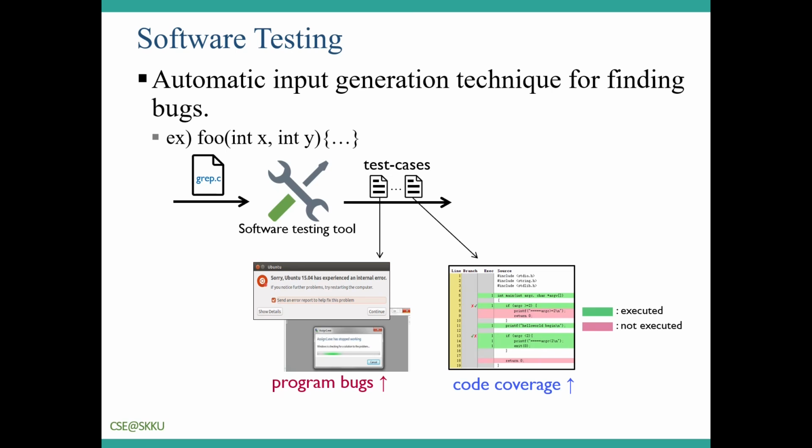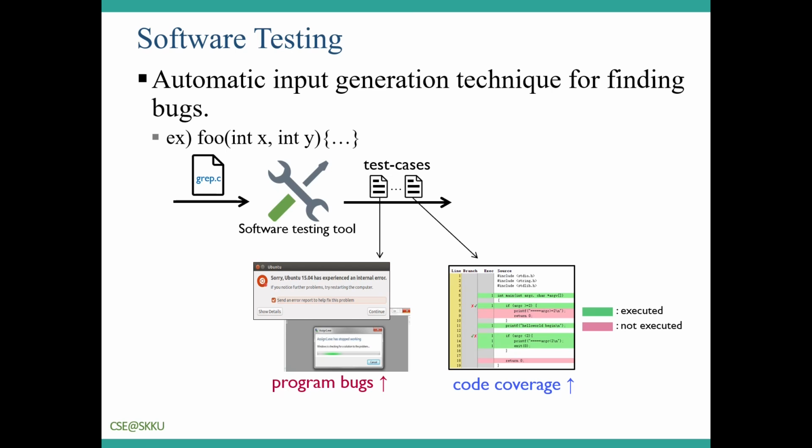Anyway, rather than trying to find software bugs directly, software testing often focuses on increasing code coverage, which is something we can actually measure and track. Intuitively, code coverage tells us how much of the program's source code is executed by the generated test cases.